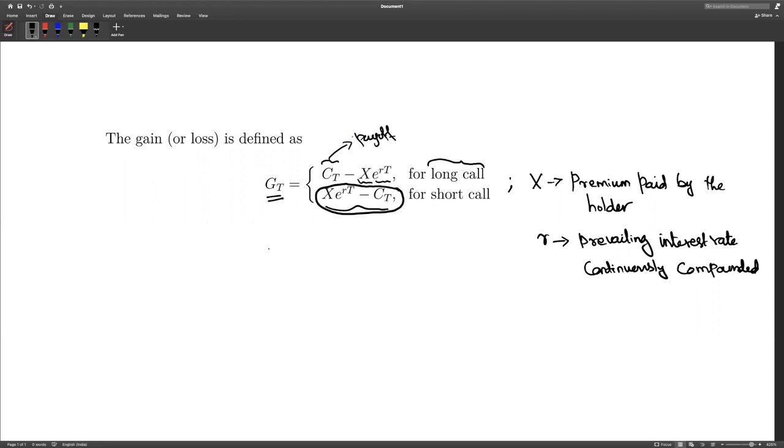And similarly, if the interest rate is compounded discretely with a frequency, say m, then also we can define the gain or loss for calls and puts in a similar way, where this amplification factor has to be properly defined as per the discrete compounding information. I'll leave it to you to write the expression for gain or loss in all these cases, and also to understand how to draw the graph of the gain or loss in a similar way as we drew the graph of the payoff.